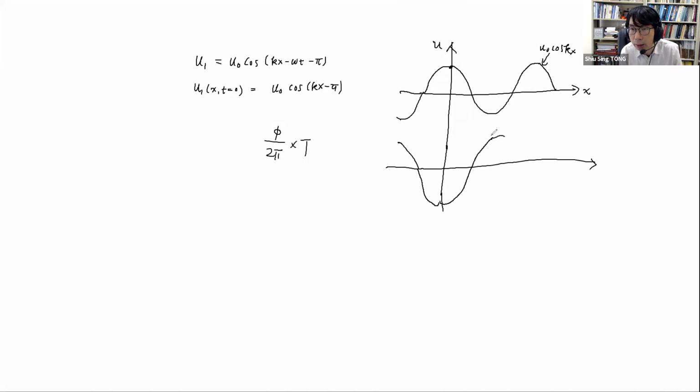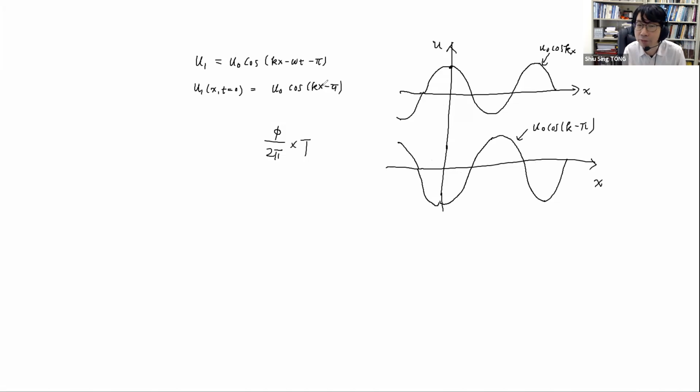This is 0, this is the minimum, and this goes to 0 again. So this is the curve u naught cosine(kx minus pi). Does it make sense? You consider this curve shifting by half of a wavelength to the right.